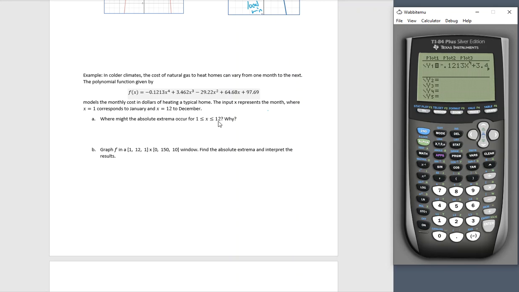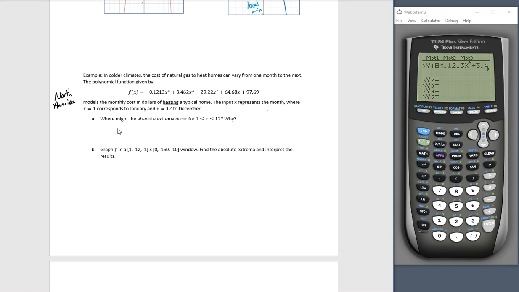Well, let's just think about this, the cost of heating a typical home. All right, so we're heating a typical home, and I guess this is very North American centric, as I find that many textbooks are.